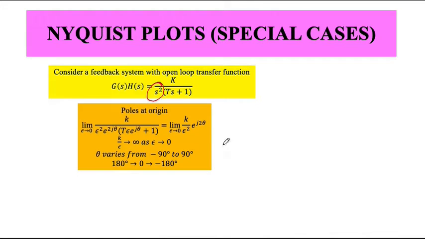The magnitude is, numerator K, denominator epsilon squared, so again the magnitude will approach infinity. Since in the s plane theta was varying from minus 90 to 90, here the angle will be varying from positive 180 degrees to minus 180 degrees.